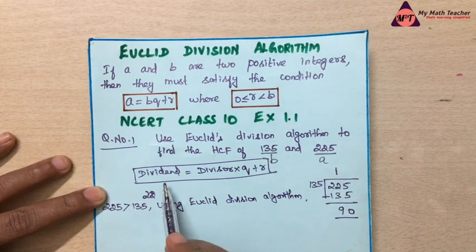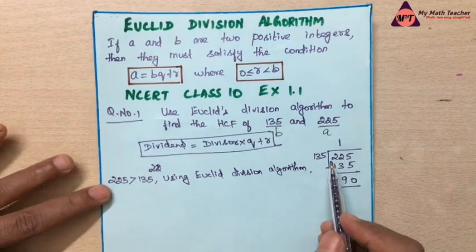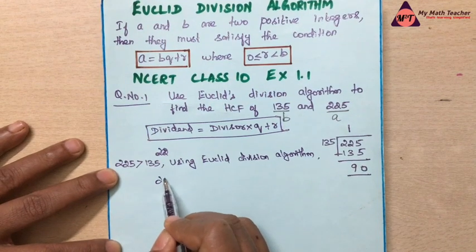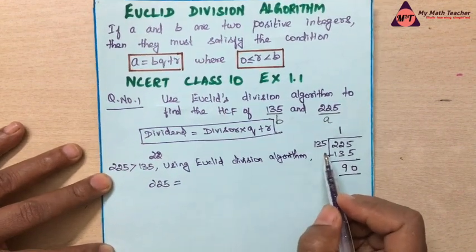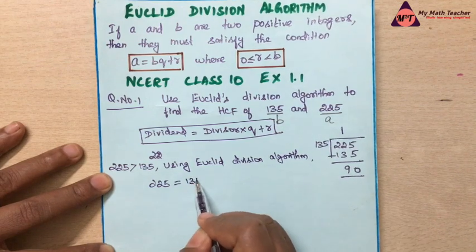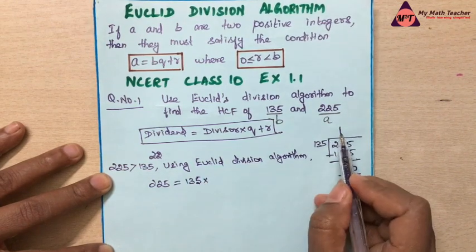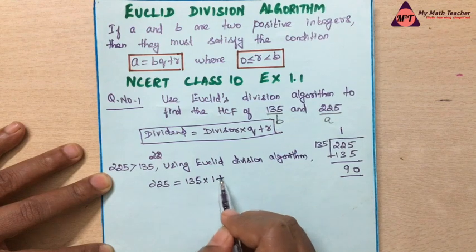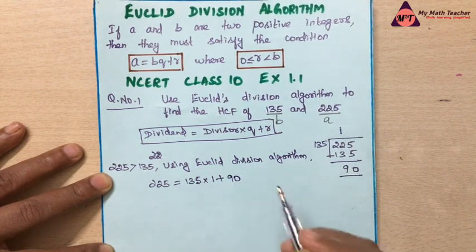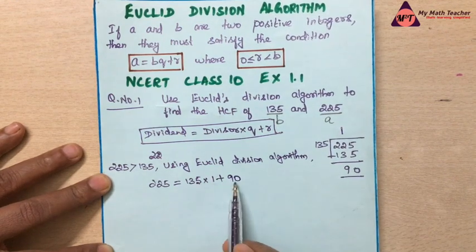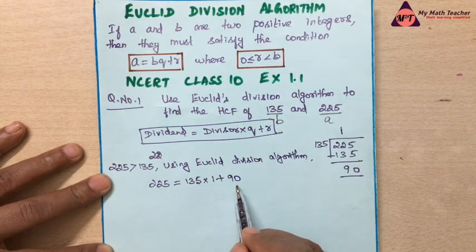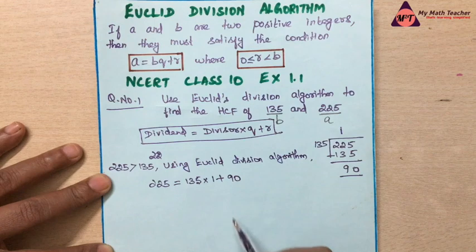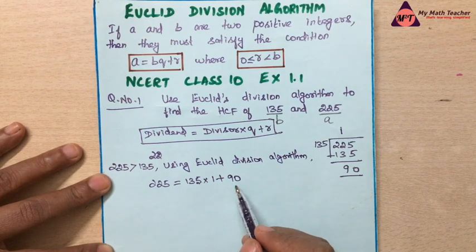What we can see? Dividend is 225. 225 is equal to, what is the divisor? Divisor here is 135 multiplied by the quotient. What is the quotient? 1 plus the remainder 90. So you can check 135 plus 90 is 225. Now here R is not equal to 0. We have to perform the division till R becomes 0.